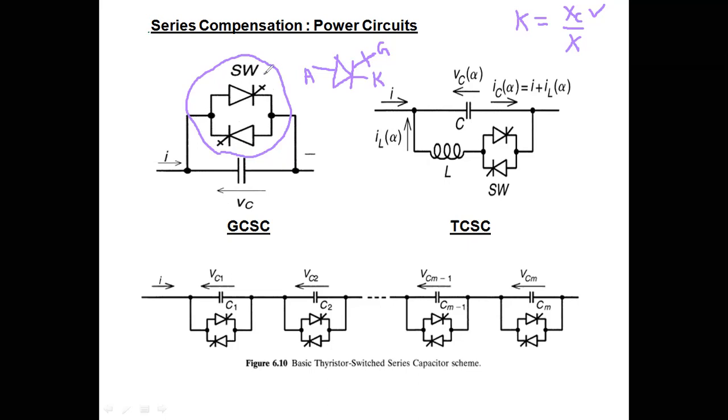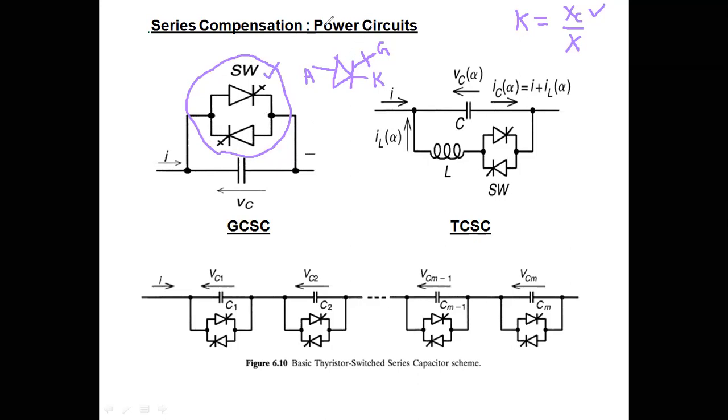The thyristor connected in this direction, anode to positive and cathode to negative, acts during the positive cycle, and during the negative cycle this one. So that is taken as a switch or valve in the case of AC.